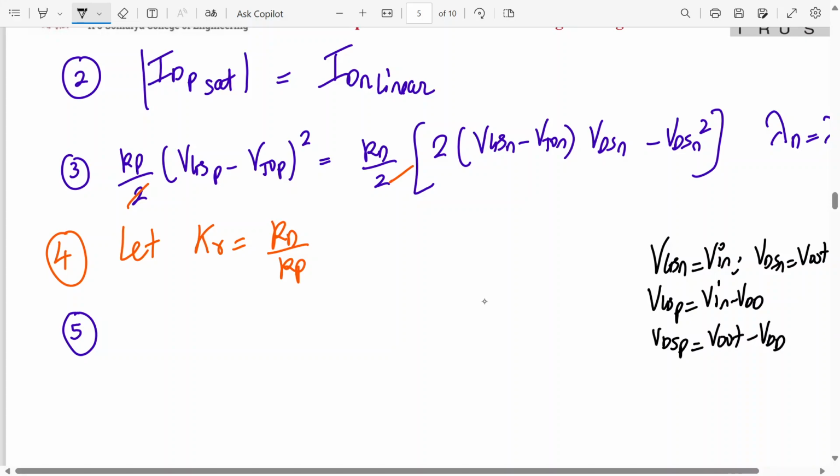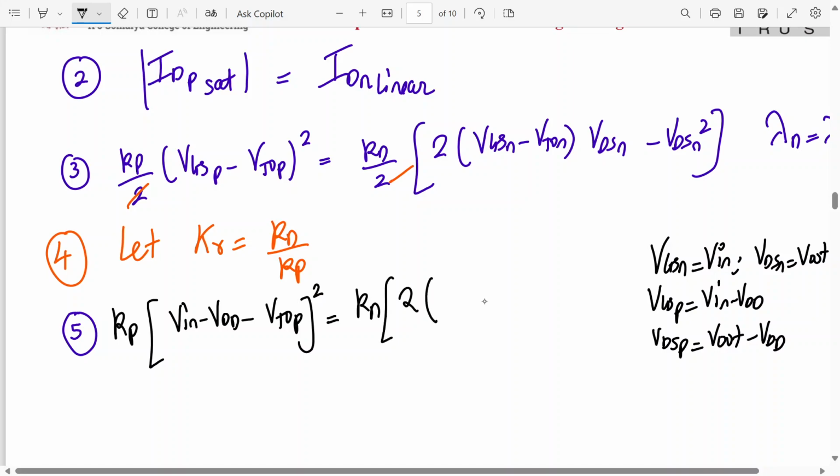So substitute this over here. The first term we have is Kp into VGSP, which is V in minus VDD minus VTOP, the whole square. So Kn into twice VGSN, which is V in minus VTON, VDSN is V out minus V out square.